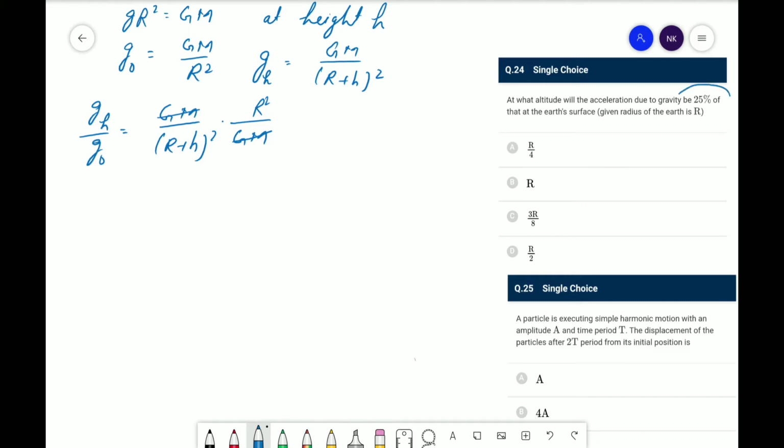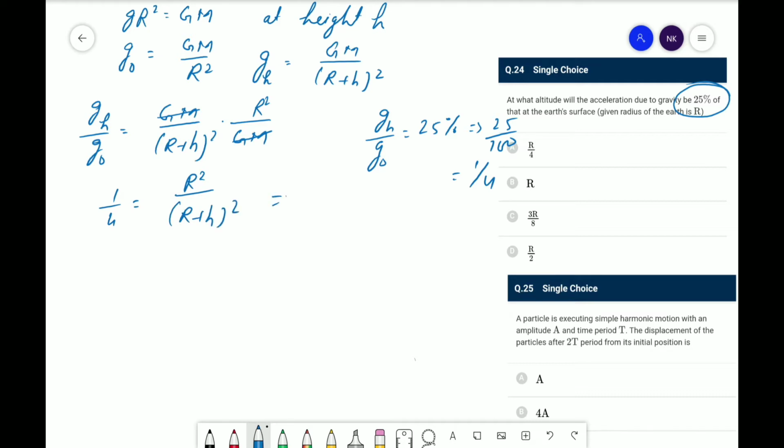According to the question, g_h upon g0 is equal to 25%. 25% means 25 upon 100. Hence g_h upon g0 is equal to 1 by 4. Therefore 1 by 4 is equal to R² upon (R+h)².